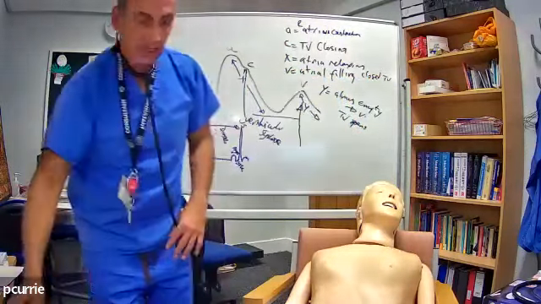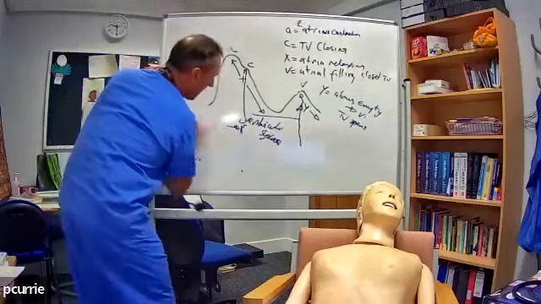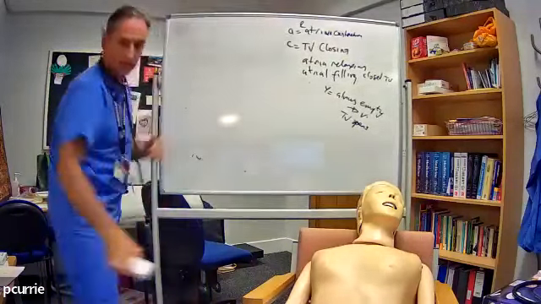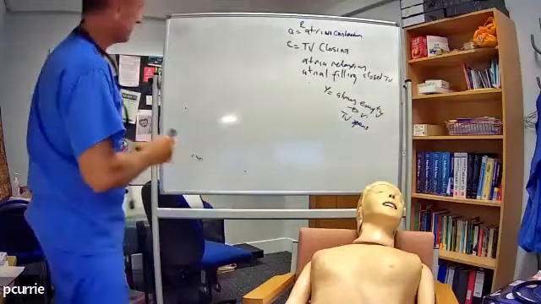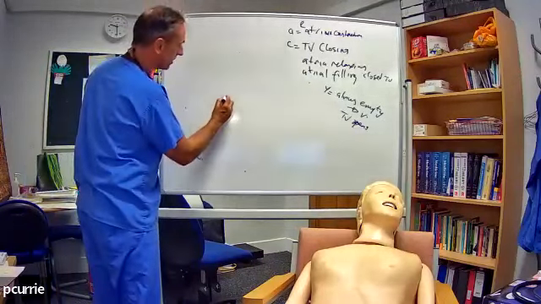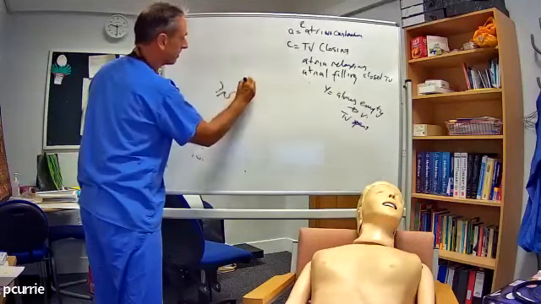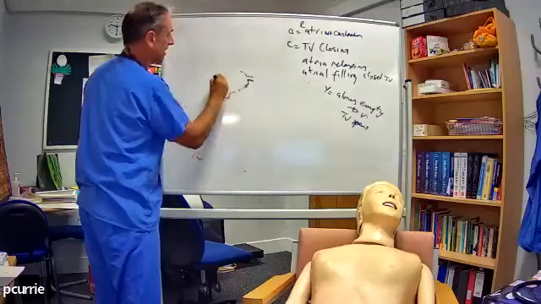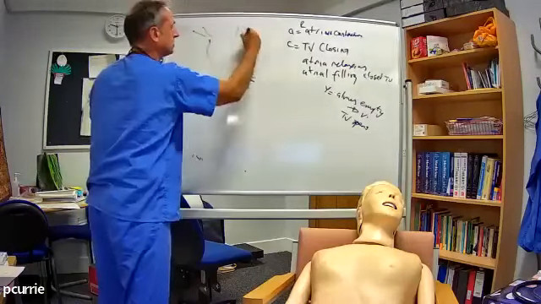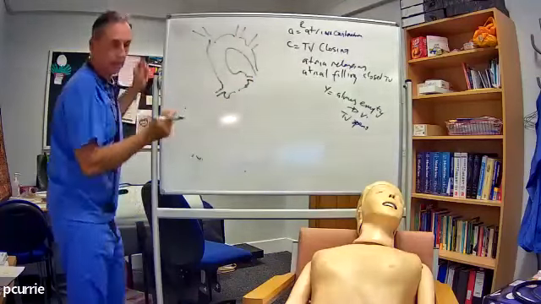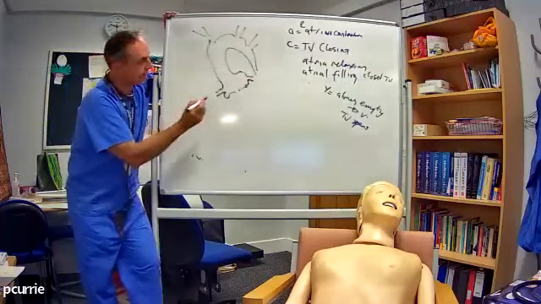So the reason that we listen there, again, if I go back to my drawing, a murmur is a sound of turbulent blood flow, turbulent blood flow created by disease in the valve.